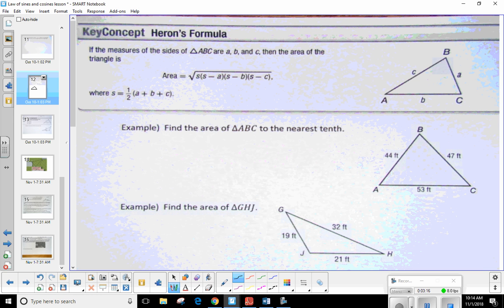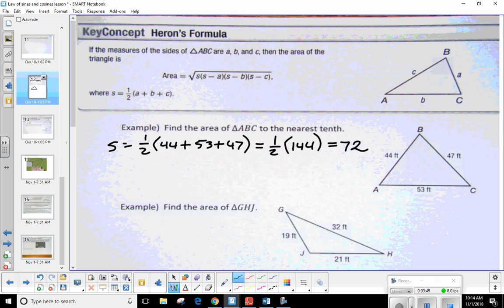Find the area of ABC to the nearest 10th. Okay, so first let's start with S. That's 1/2 the perimeter. So I'm going to say 44 plus 53 plus 47. So I'm taking half of what? 144, which is going to give me 72. Okay, so half of the perimeter is going to be 72.